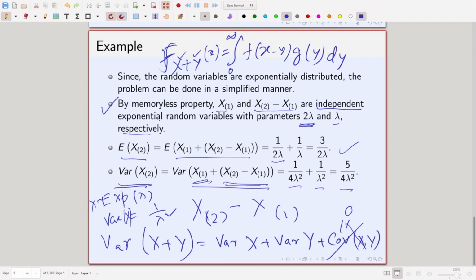But since the question asked only about mean and variance, we can calculate it very simply because the given random variables are exponential. If it is any other random variable, then the first method which we employed is the one to use, right? But since exponential is special, there is an easier way to find the answers that you are looking for.